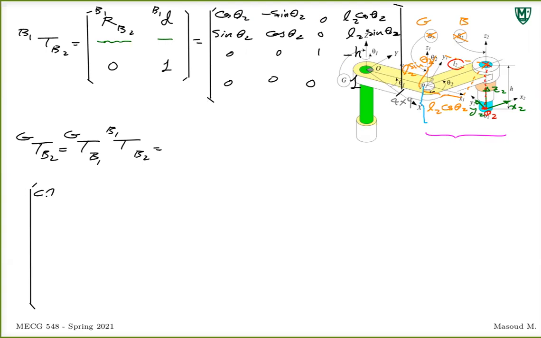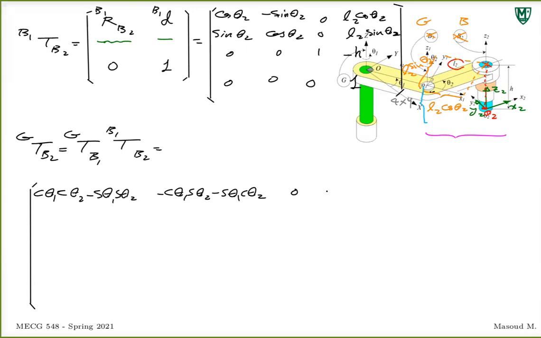The second element becomes minus cosine theta 1 sine theta 2 minus sine theta 1 cosine theta 2. Then this is just 0.